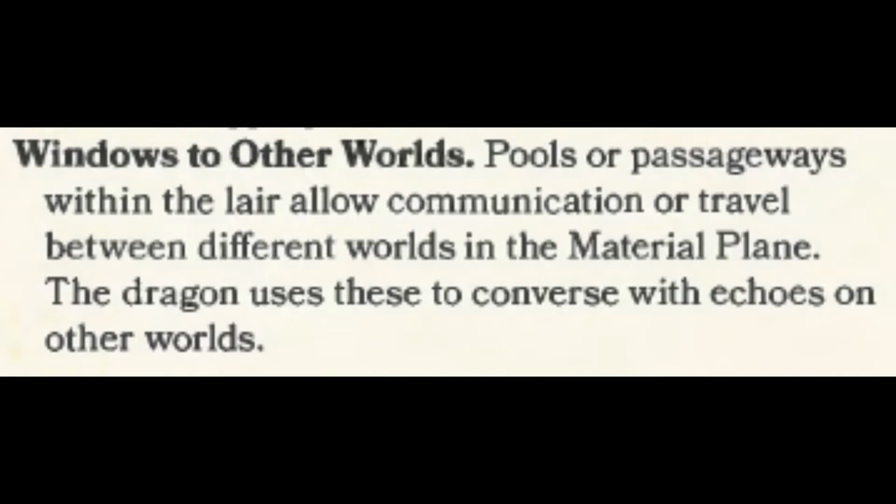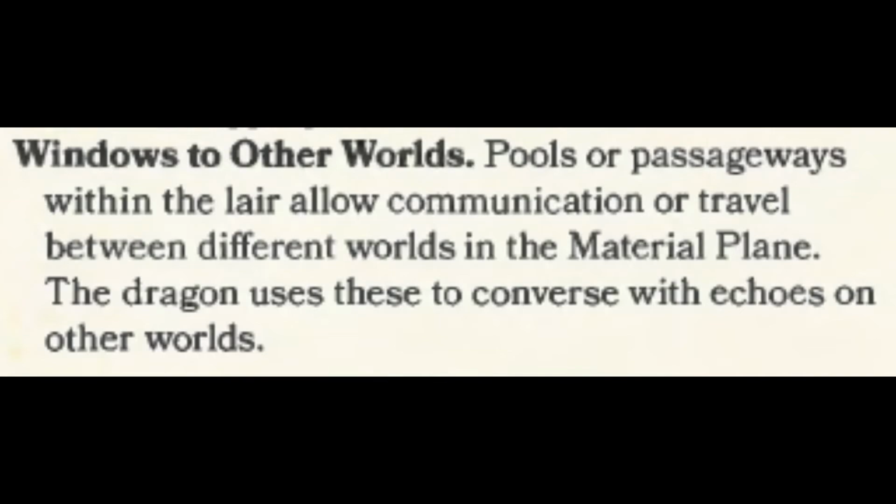Basically in a Moonstone Dragon's lair, the lair is supposed to be on multiple planes via portals and stuff like that. I didn't go with it for Narrador because the Domain of Delight is his lair, but I thought this would fit thematically with that idea as well. This next part of Windows to the Other World would be optional, based on if the DM decided to go with it or not.